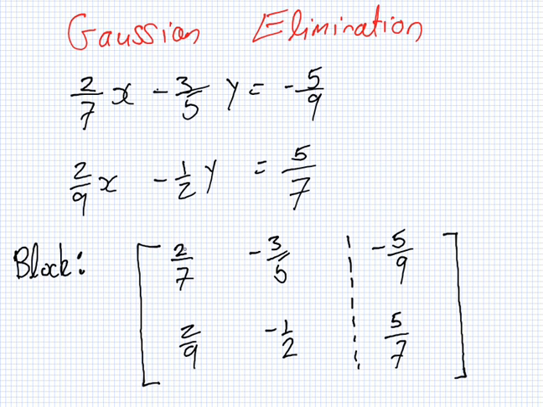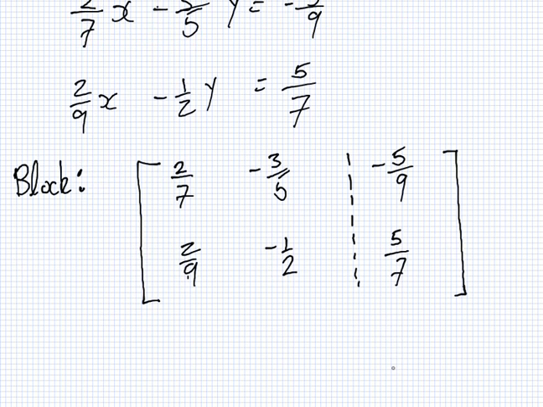This makes it easier to write, and you read it the same way. This is 2 over 7x minus 3 over 5y equals minus 5 over 9. 2 over 9x minus a half y equals 5 over 7.